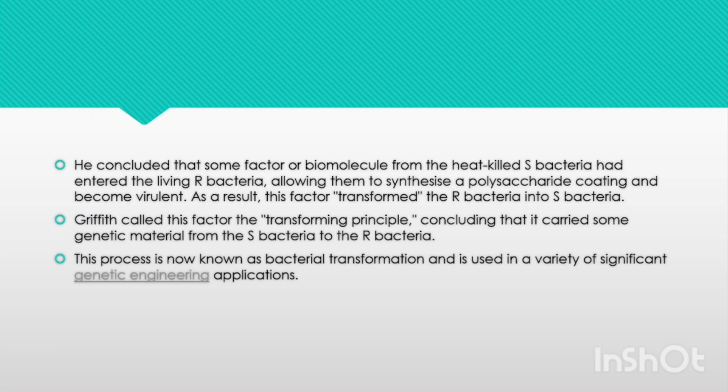Griffith called this factor the transforming principle, concluding that it carried some genetic material from the S strain to the R strain. So when heat-killed S bacteria enter the living R bacteria, it produces the polysaccharide coating and becomes virulent. This is mainly due to the transfer of genetic material from S bacteria to R bacteria, which Griffith called the transforming principle.